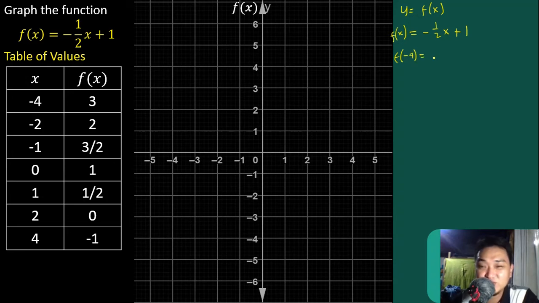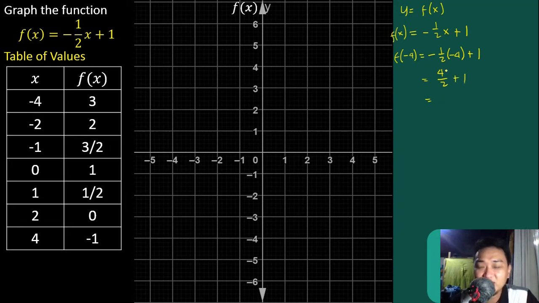Para dun sa mga gusto nang mag-practice ng ganitong notation, yung ginagawa ni Euler, ay mas maganda po. That is the same as 1 half times -4 plus 1. Now, negative times negative is positive, di po ba? And 1 half times 4 is the same as 4 over 2 plus 1.